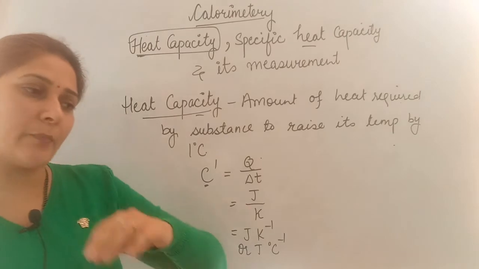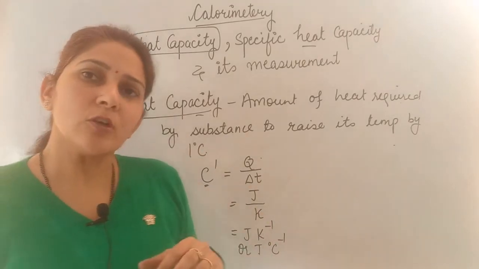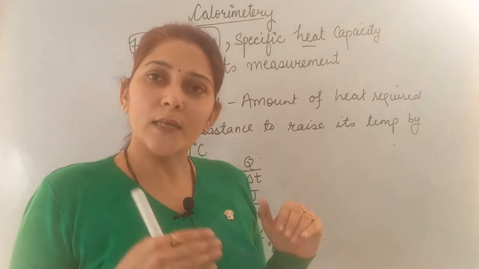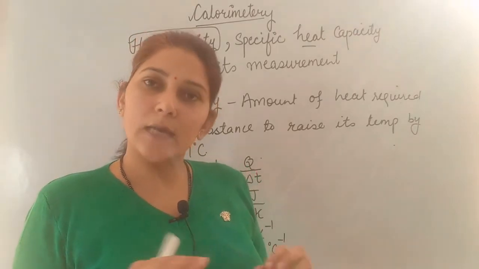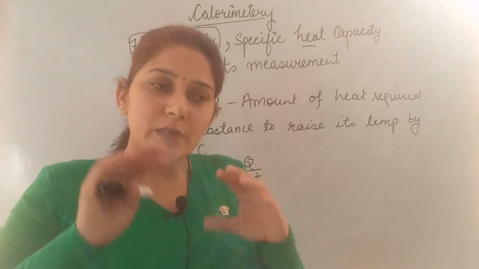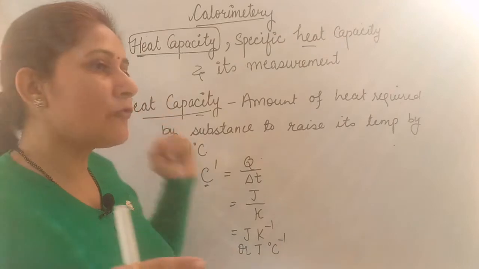Every time we are saying by increasing the temperature by 1 degree Celsius, by 1 Kelvin. But we are not specifying the amount of substance. And what is bad in this? Nothing is bad, but this way we cannot tell whether the substance is a conductor or insulator after getting the value of heat capacity.